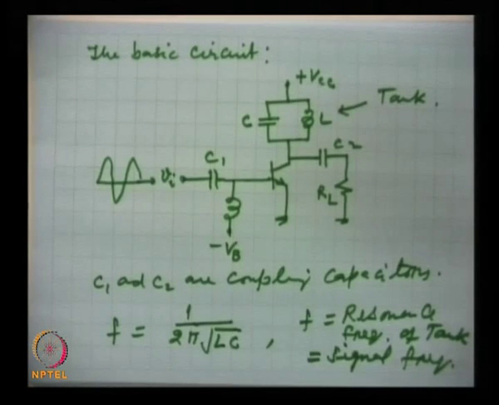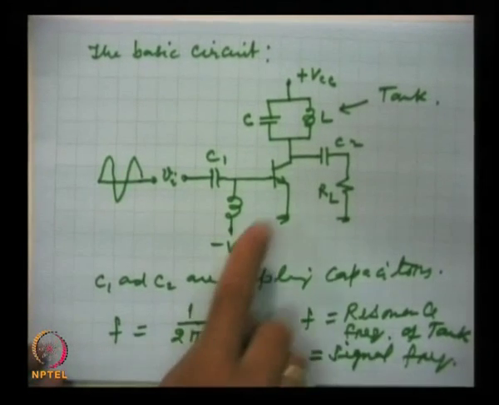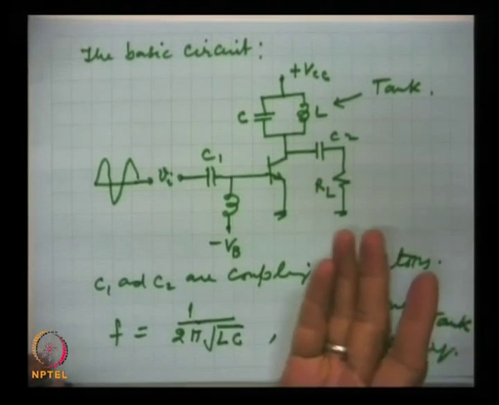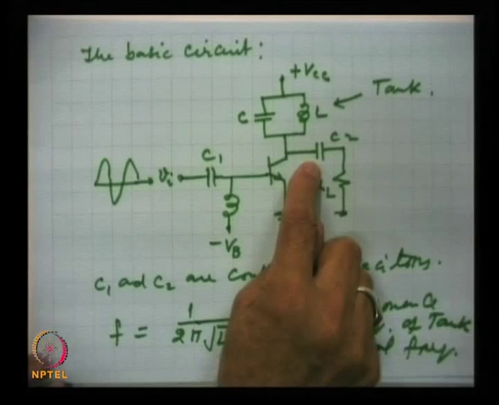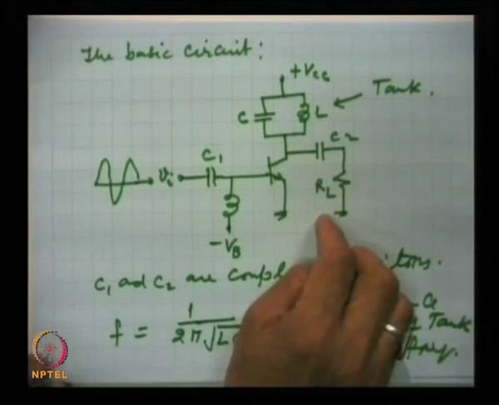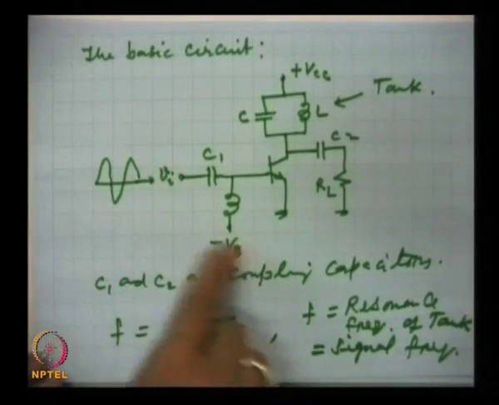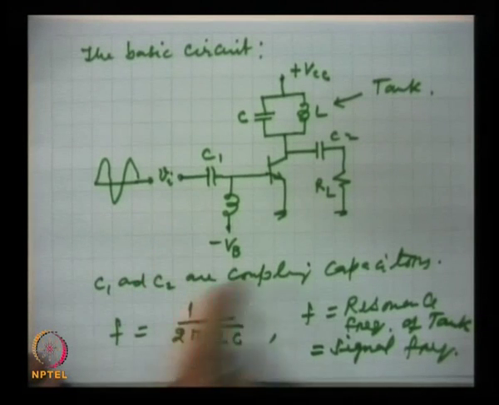Now, this is basically a common emitter circuit, and we are taking the power from the collector, giving the input signal at the base and emitter.